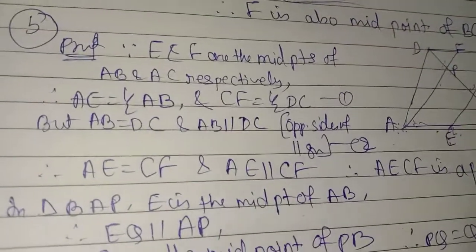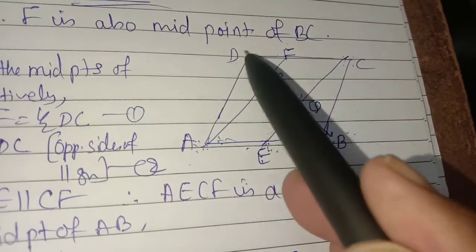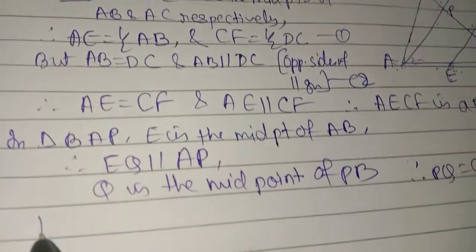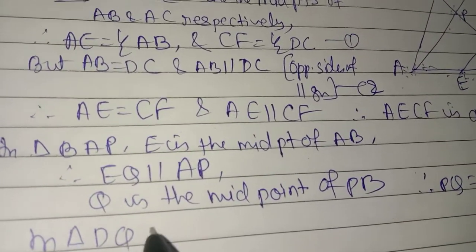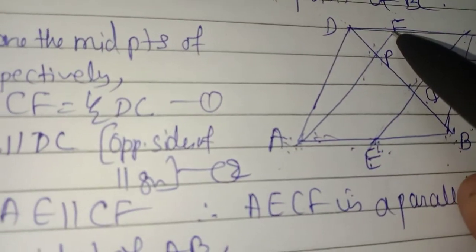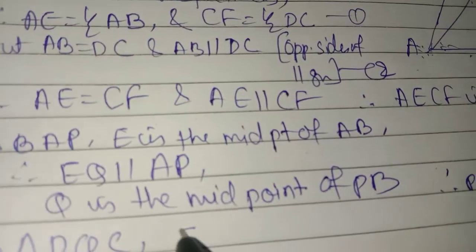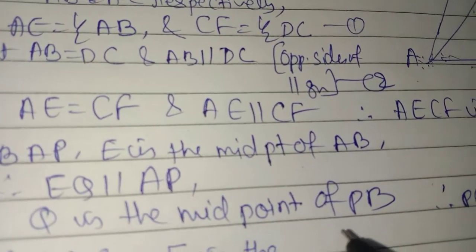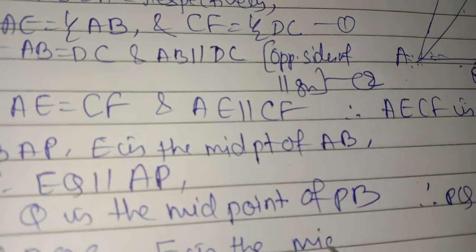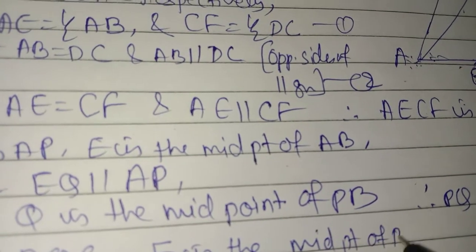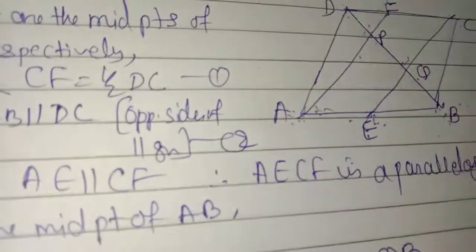In the same way, we'll go for triangle DQC. Can you see DQC? So we'll write here, in triangle DQC, once again, F is the midpoint of DC. So I will write here, F is the midpoint of DC.